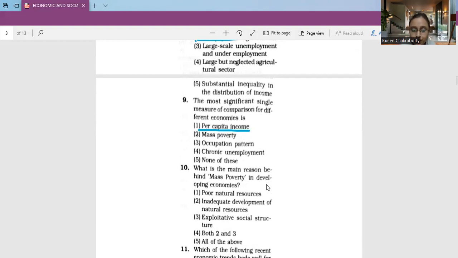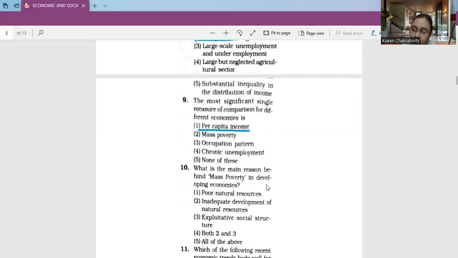Coming to number 2, inadequate development of natural resources, and exploitative social structures. Now, in India, what we usually see is that there are various natural resources present, but we are not in the correct developmental stage, or we do not have the correct technologies or any other measures to develop it. So though we have various natural resources with us, we cannot make the apt use or the maximum use out of it.